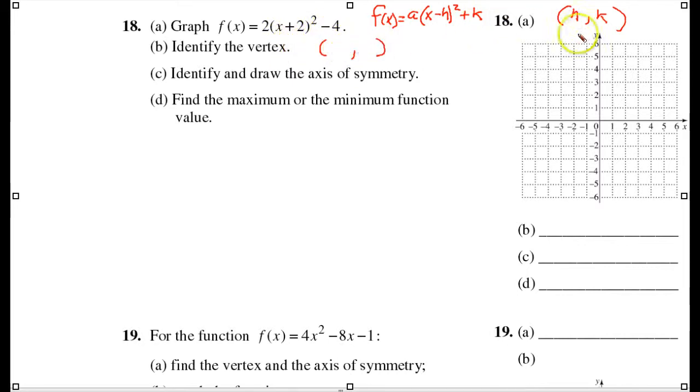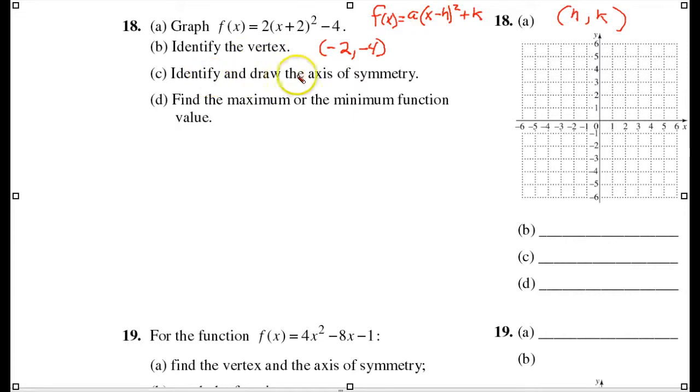Now, the k part is this 4, but the h part, as you look at it here, is the opposite sign of what we have here. So this is a positive x, so it goes in here as a negative x. And we covered this in an earlier lesson if you want to watch the video on how this all works.